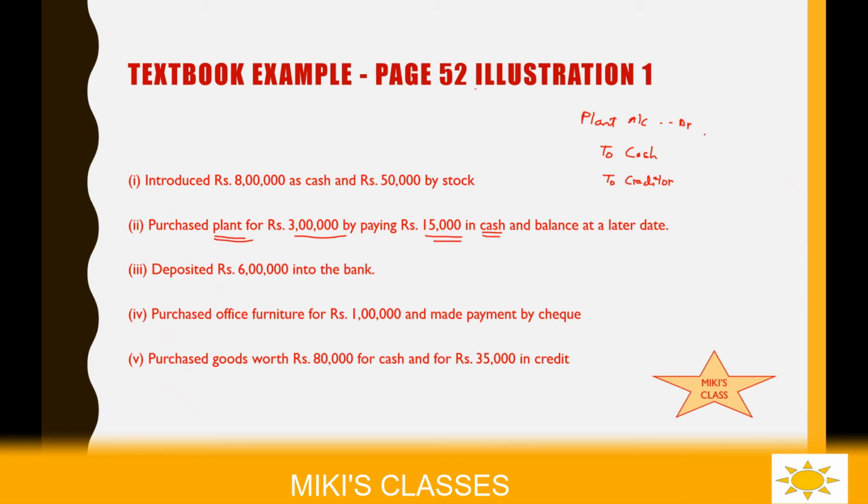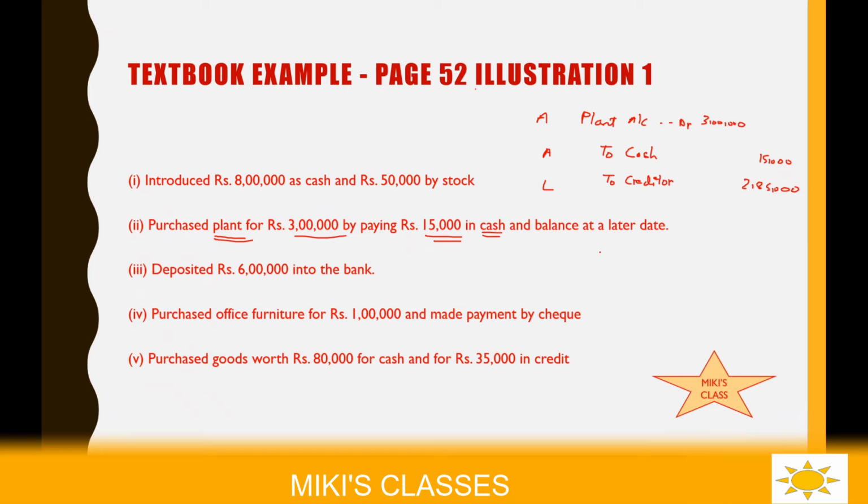Okay, these two accounts will be credited. So purchase plant, how much? This is for 3 lakhs. 15,000 has been paid in cash. What is the amount which is outstanding to be paid? 2,85,000. Correct? 2,85,000 has to be paid later on. Plant is an asset, cash is an asset, and this payment to be made to the creditor is a liability.